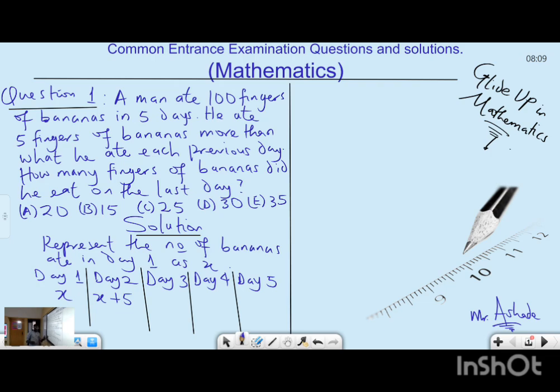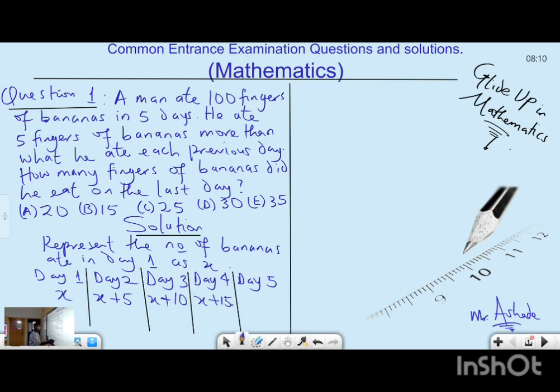Don't forget we represented day 1 with X. So day 3, he also ate 5 more than what was eaten the second day. So day 3 is going to be X plus 5 plus another 5, which will now be X plus 10. So day 4, he also ate 5 more than what he ate the previous day. So day 4 will be X plus 15.